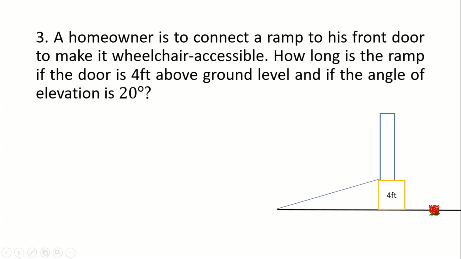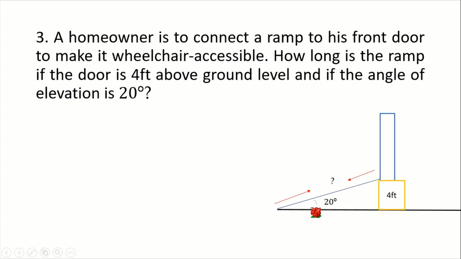So, this is the ground level. Okay? Papunta sa door. Okay? Papunta sa door above the ground level is 20 degrees. So, ibig sabihin, this one, from here, 20 degrees. Okay? Ang hinahanap natin is yung kung gaano kahaba yung magagawa nilang ramp. Okay? So, this one, ito yung hahanapin natin.